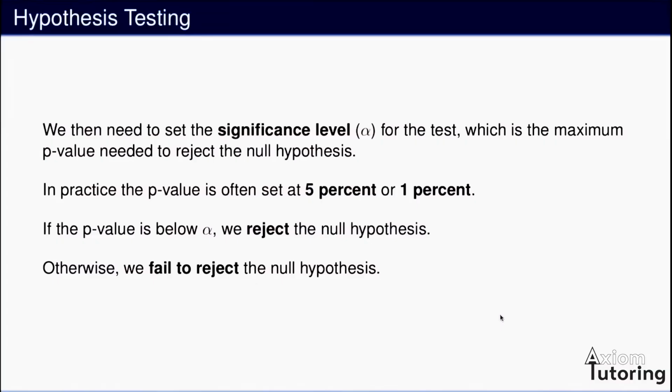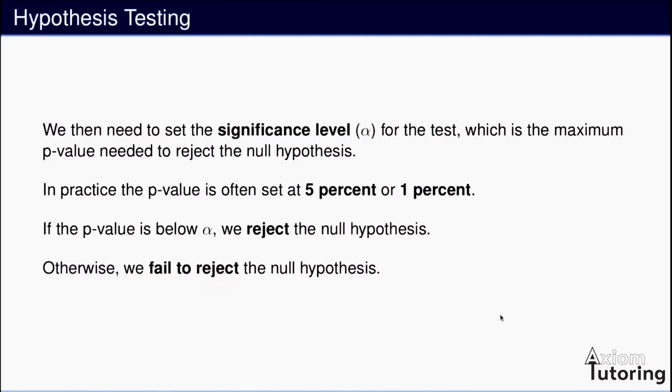And one of the very important things to remember is that if the p-value is above alpha, we fail to reject the null hypothesis. We never accept the null hypothesis. Okay, that's super important, and that's a very common mistake to make.